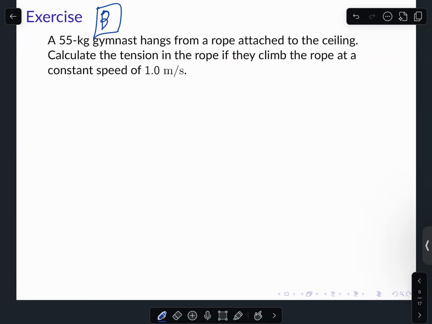What do we measure forces in? Don't tell me kilograms. The correct answer is not in kilograms.